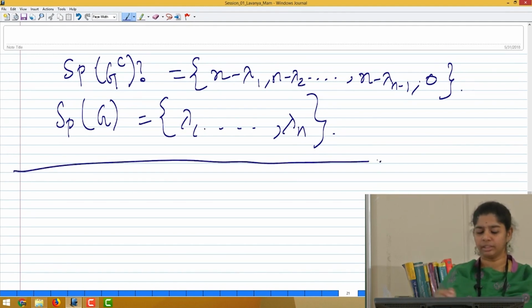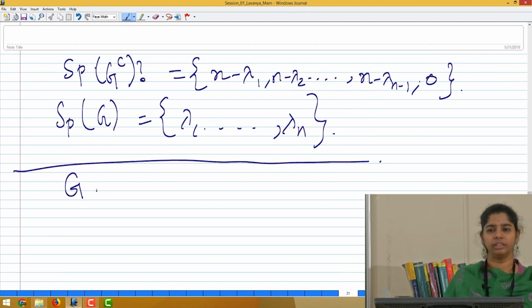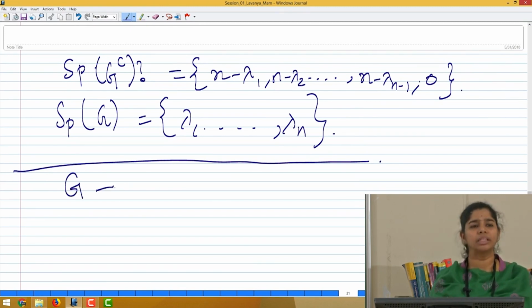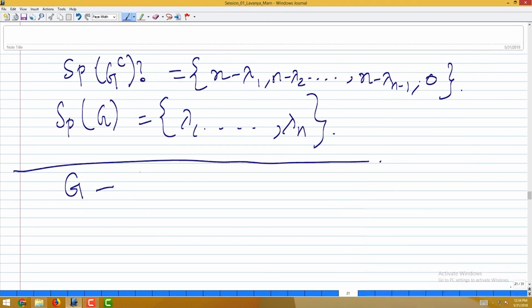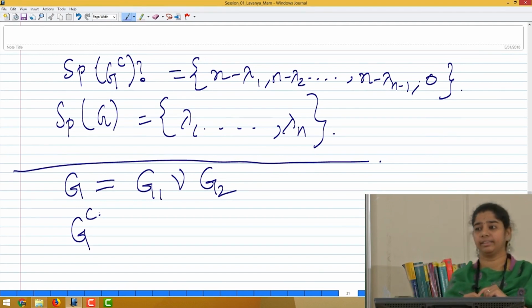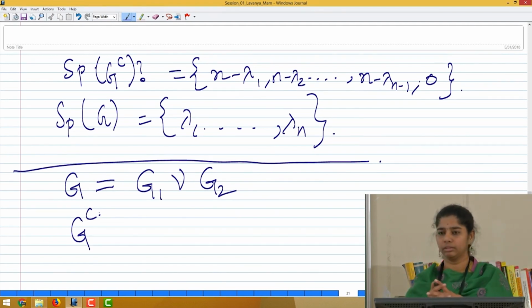My next question is, suppose I have a graph G, and I know this graph G is the join of two graphs. Just by looking at it, I try to grasp the fact that it is the join of two graphs. What can I say about G complement and its connectivity?